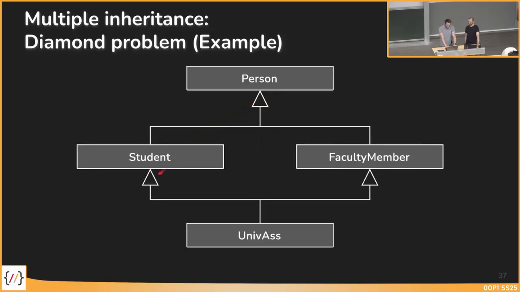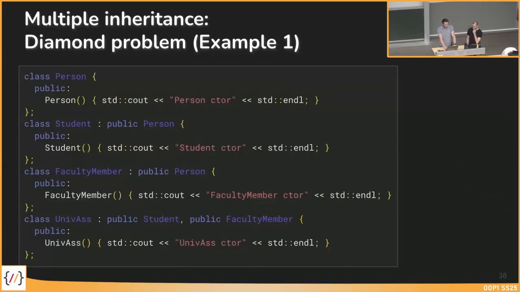So we have again the student and the faculty member class. We have the university assistant class inheriting from both of those classes. But the student and the faculty member inherit from person, so one common base class. What does this mean? Let's have a look at an example.